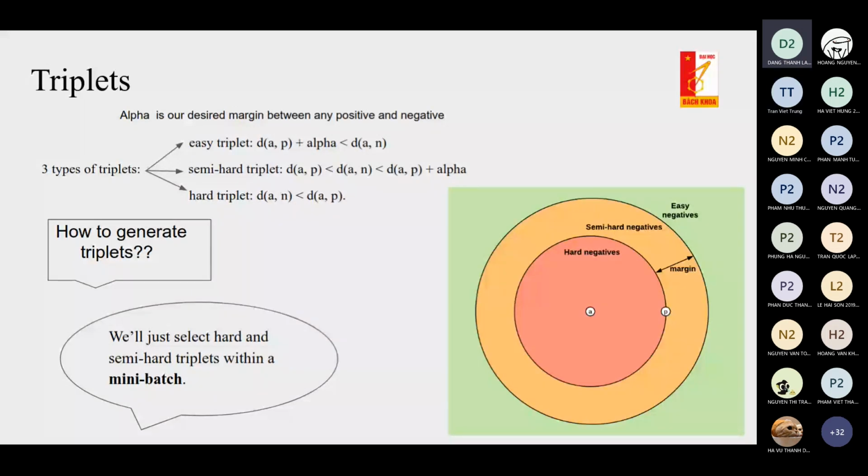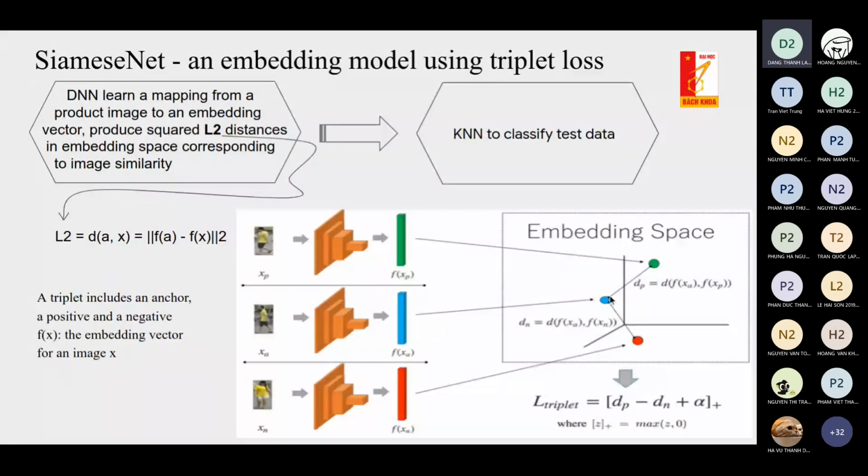What do you mean with DN is smaller than DP? I mean, for example, I have 3 images: anchor, negative, and positive. When I compute the distance between the 2 images that have the same class. I understand. Can you move to the next slide?